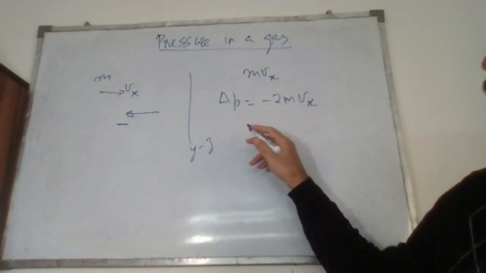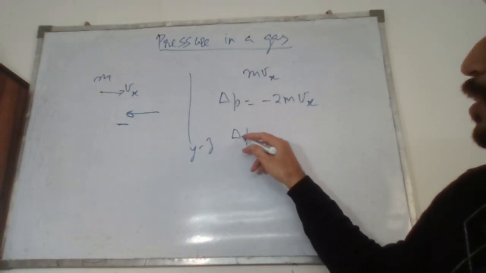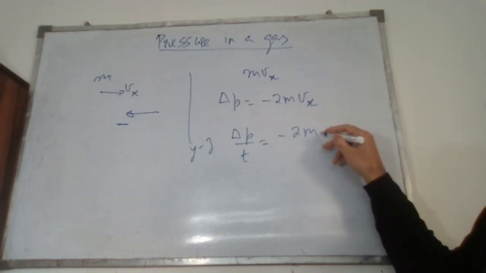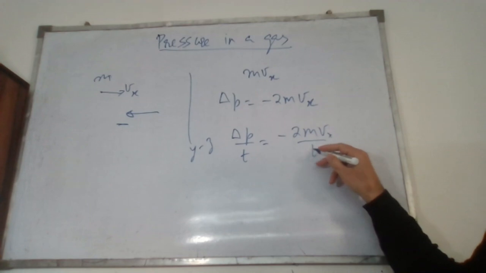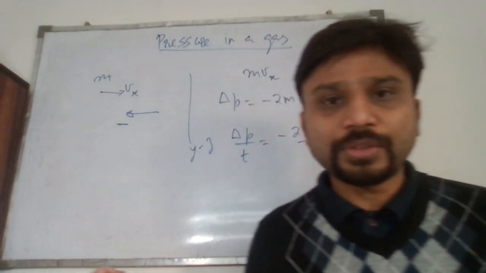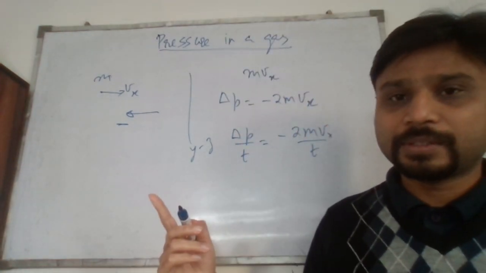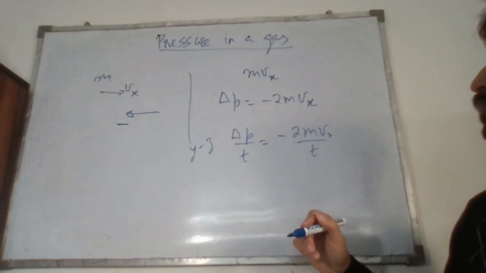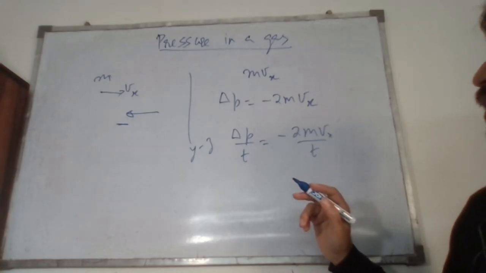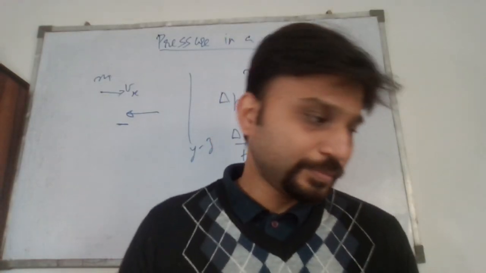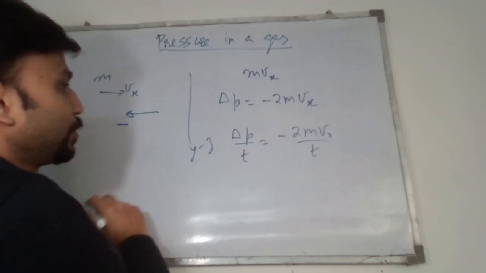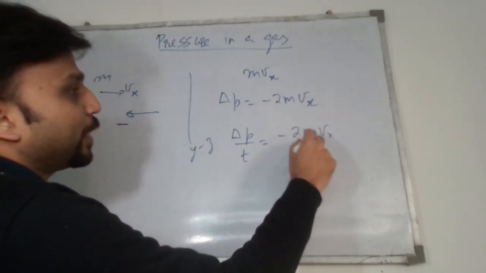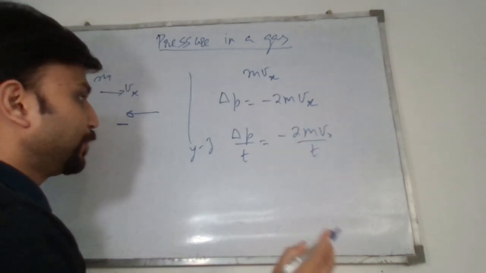If I divide this change with the time taken, this will give me the force exerted by a single particle. So, this much we have obtained. The force by a single particle is 2mvx by t.